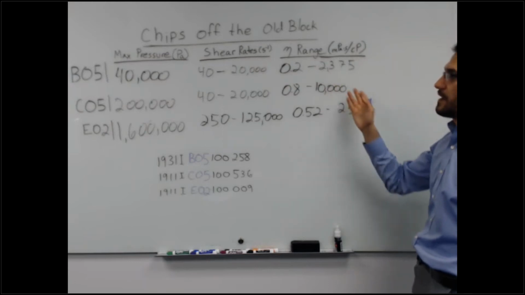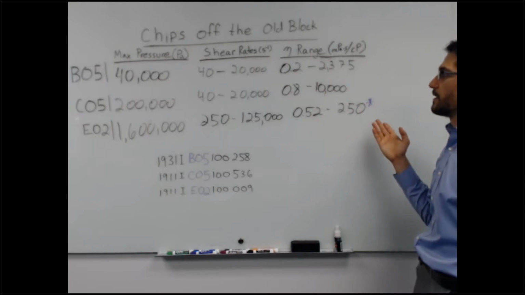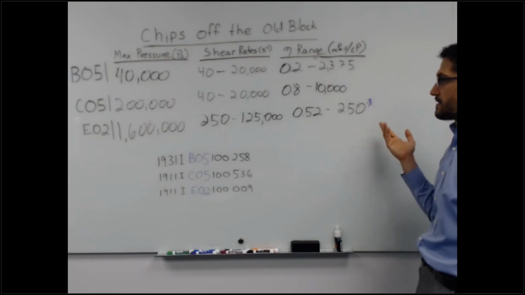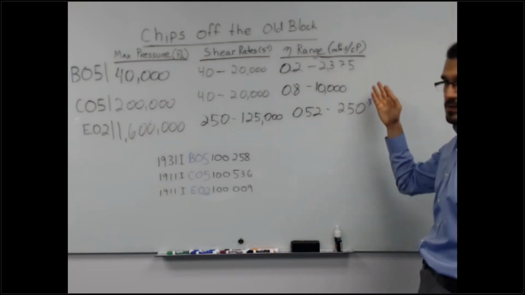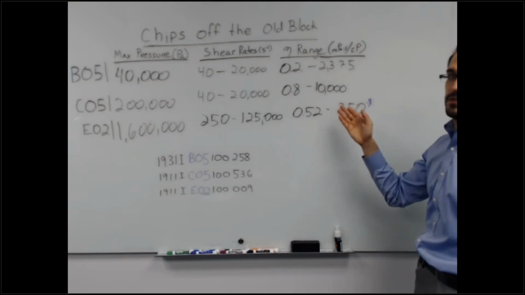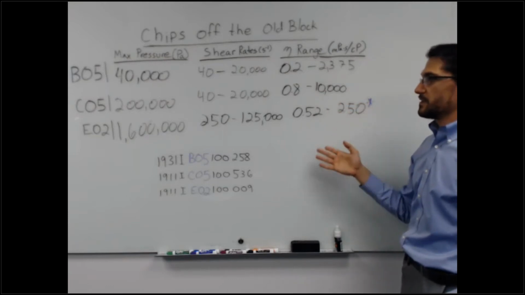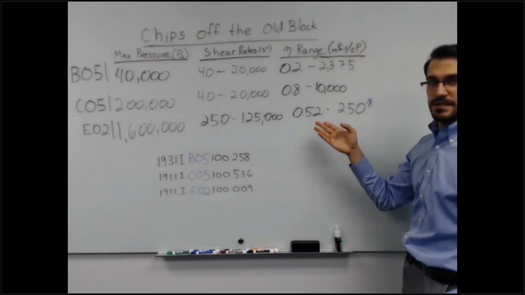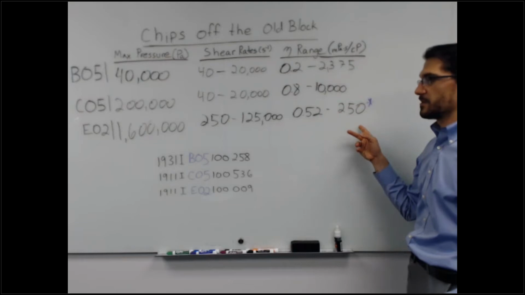So the BO5 chip range is between 0.2 to 2,375 centipoise or millipascal seconds. It's the same unit. The CO5 chips have a range between 0.8 to 10,000 centipoise, while the EO2 chips have a range between 0.5 to 250 centipoise.